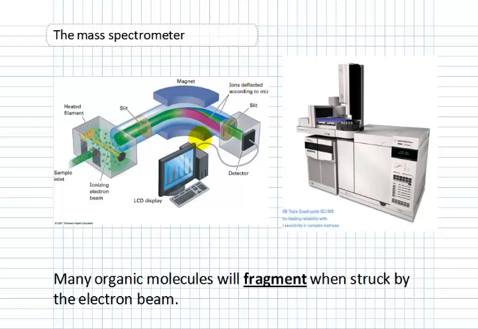Two powerful electromagnets are placed at the bend of this curve, and that will alter the trajectory of these charged molecules. So the ions are deflected according to their mass and their charge and lead to the detector.